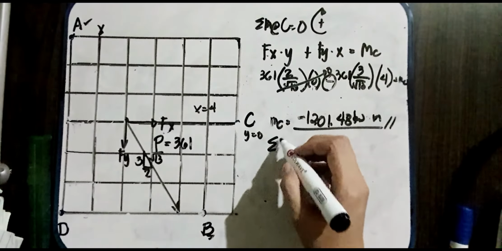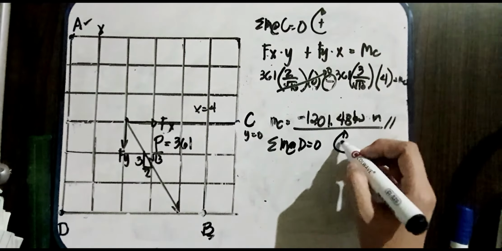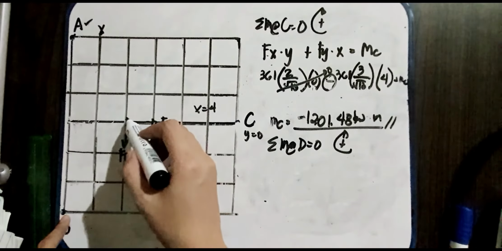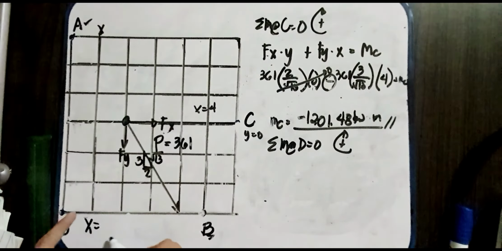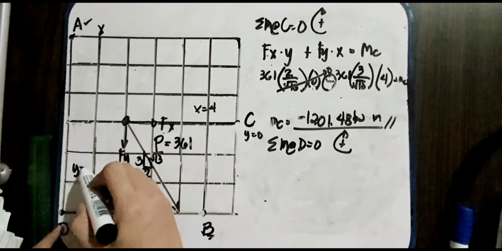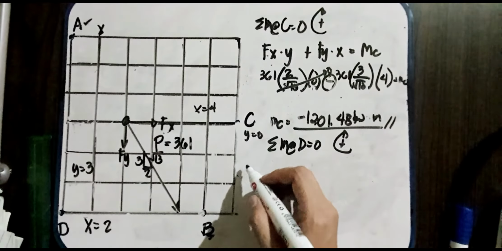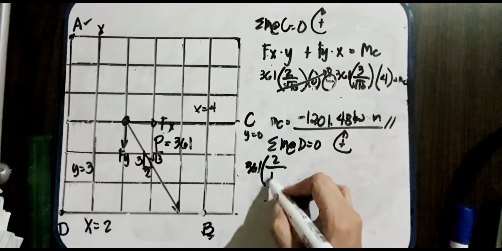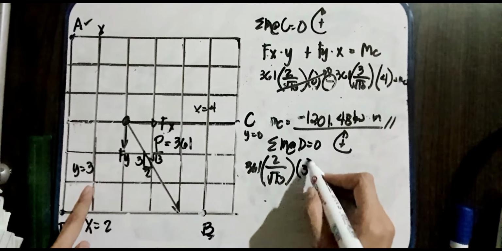Okay, next we have summation moment at D is equal to 0, clockwise to be positive. So, asan yung D? Ito yung D natin. So, ibig sabihin dito yung pinaka-base natin for your forces. We have X to be 1, 2. How about Y is 3. So, kunin natin yung mga components natin for the forces. So, we have 361 multiplied by 2 over square root of 13. Ilan yung distance kapag X? Of course, may Y tayo which is 3.